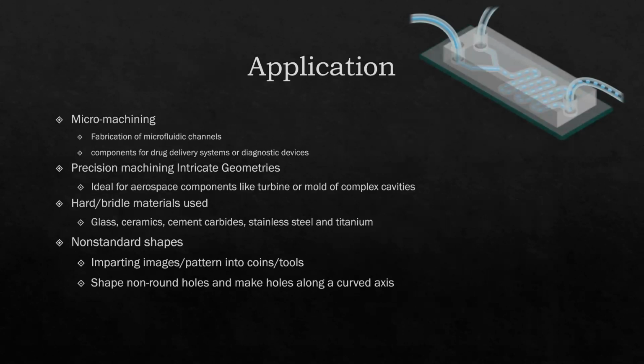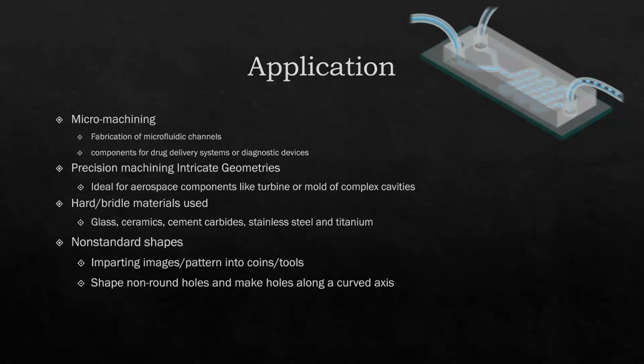Applications, it has a lot of applications, but the most common probably would be for nanomachining. So when you produce microfluidic channels, you'll typically use this type of machining because it is very precise, and you can produce very small and precise movements with the machine.